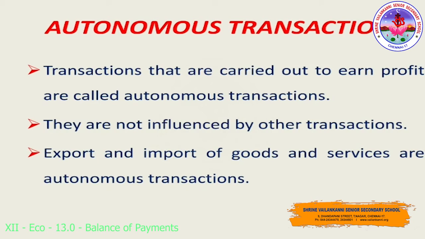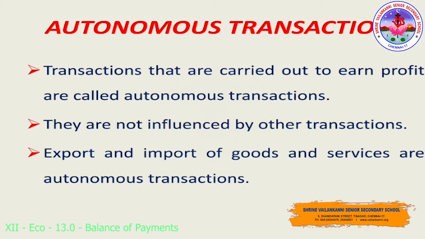Autonomous items refer to those international economic transactions which take place due to an economic motive such as profit maximization. These items are also known as above the line items. Autonomous transactions are independent of the state of the BOP account.